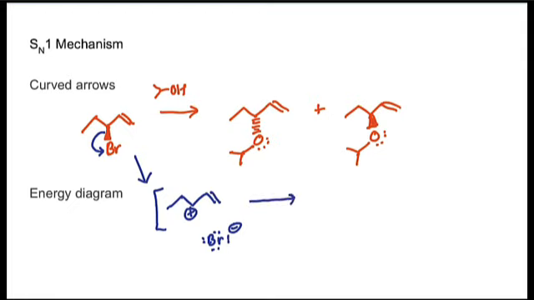And then what's going to happen is the alcohol is going to come in as a nucleophile, and it's not a strong nucleophile. It's very weak. We talked about that when we were discussing SN2 reactions and E2 reactions and the strength of the nucleophile or the strength of the base.